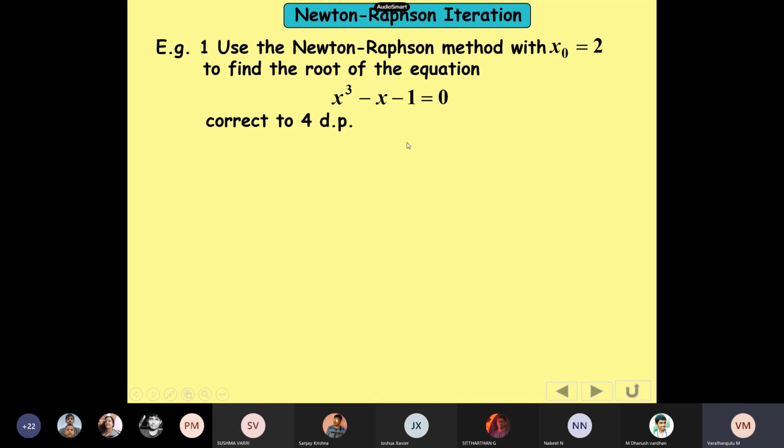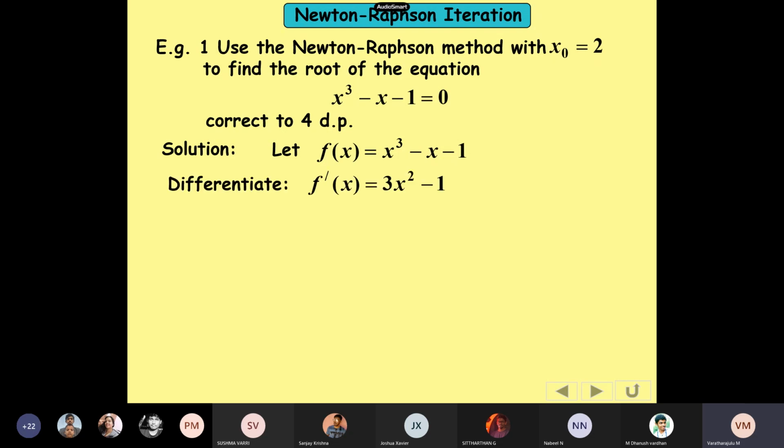Let the function f of x be x cube minus x minus 1. We need f dash of x, so f dash of x is 3x square minus 1.